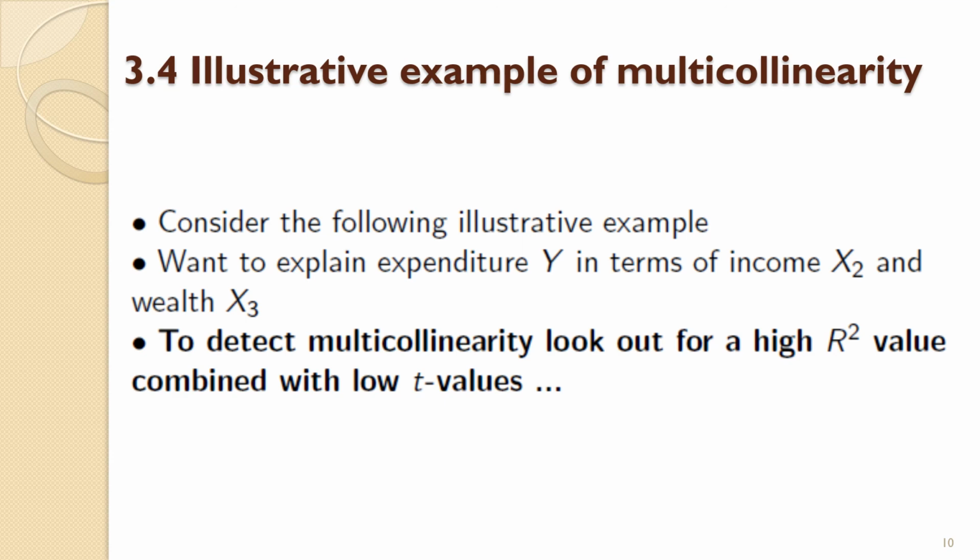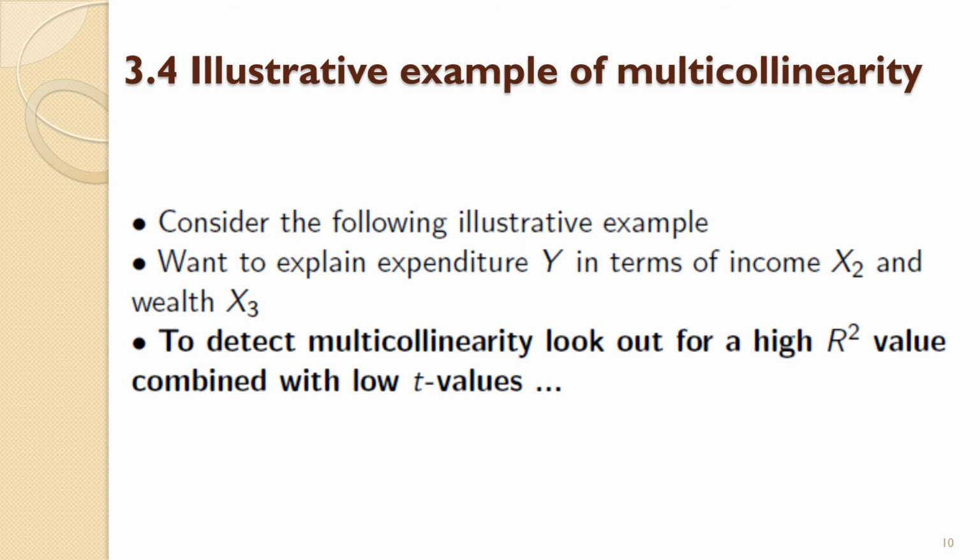Okay, and as I keep trying to repeat here, sometimes I think the textbook actually goes about this the wrong way. Really what you're looking for with a practical problem is a high r squared value and low t value. And I suspect this is probably the single biggest indication of multicollinearity in any of the data examples that you're likely to see either on this module or in the course of doing your dissertation.